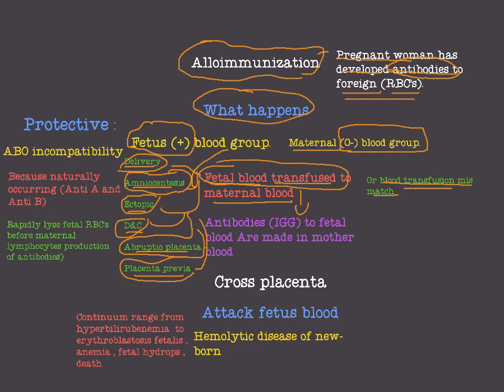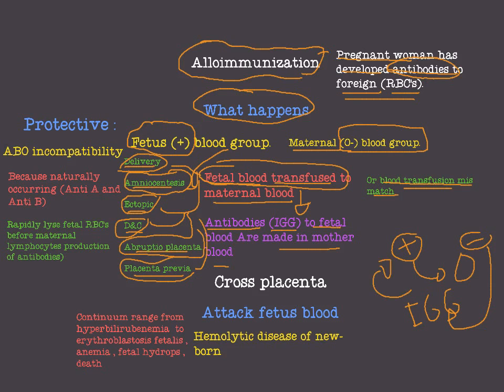What happens when we transfuse positive blood of the fetus to the O negative blood of the mother? Antibodies, IgG, to fetal blood are made in the mother's blood. So the mother's blood forms IgG antibodies to attack the positive blood group of the fetus.